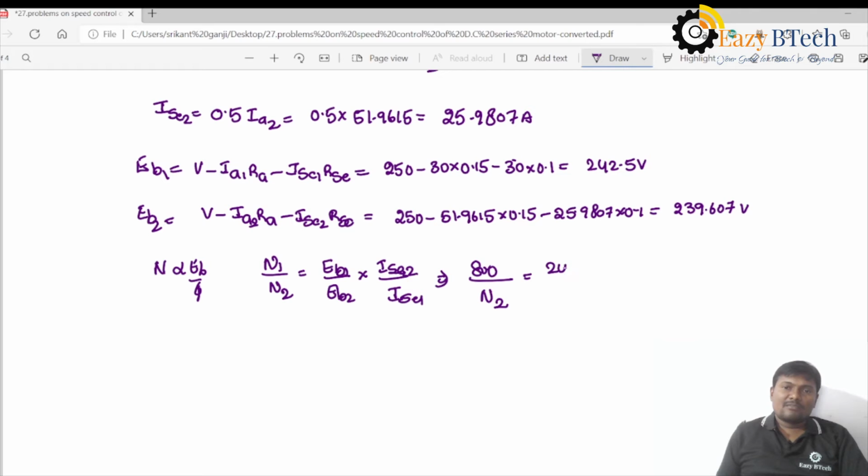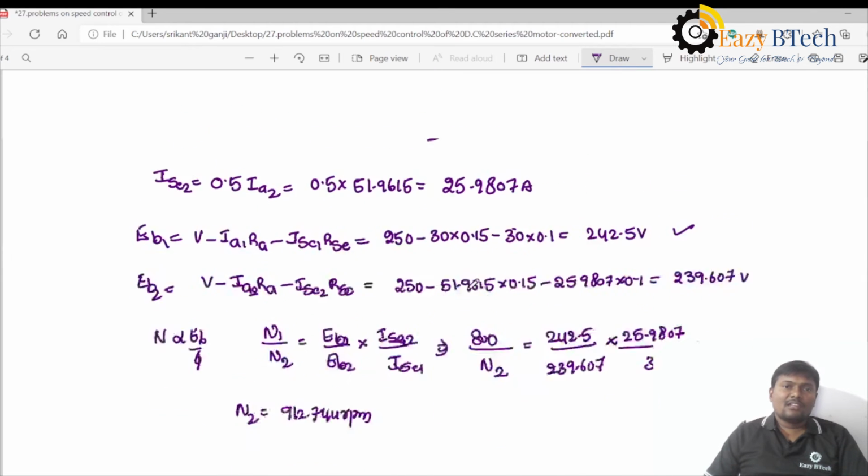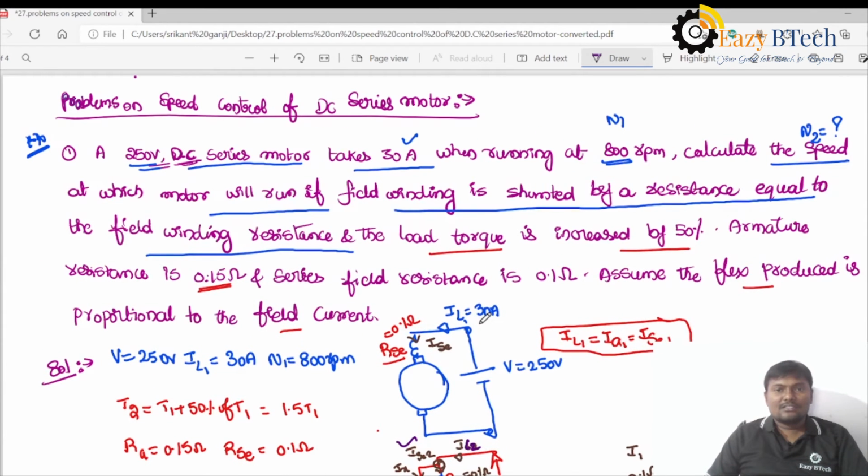The back EMF EB1 is 242.5, EB2 is 239.607 into 25.9807, that is ISC2 divided by 30. So finally I got it as 912.744 RPM. And these problems will 100% come: problems on speed control of DC series motor.